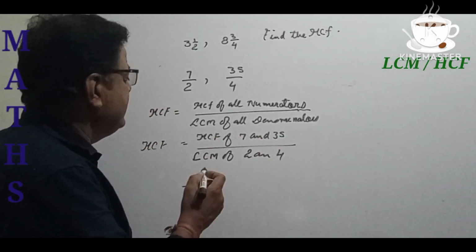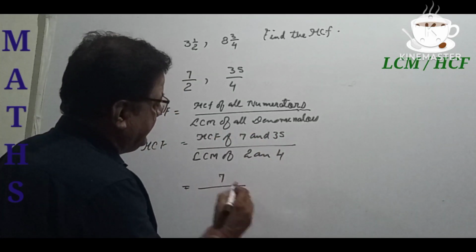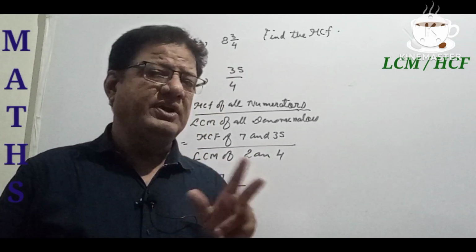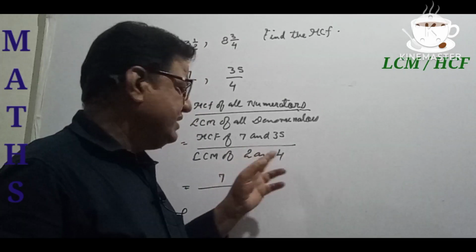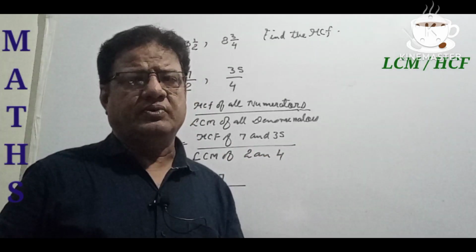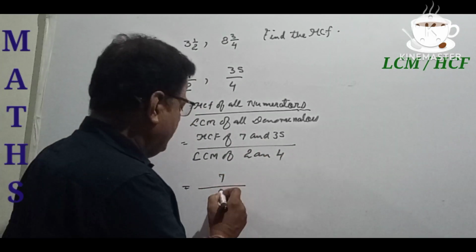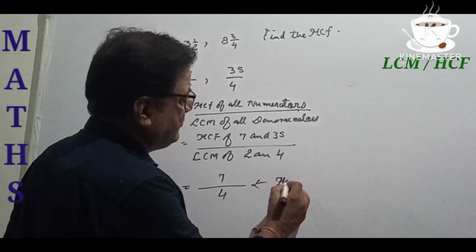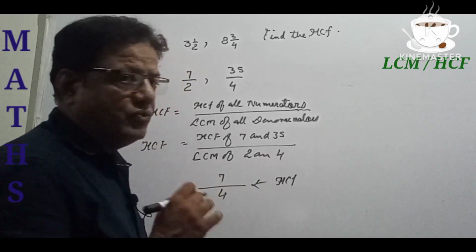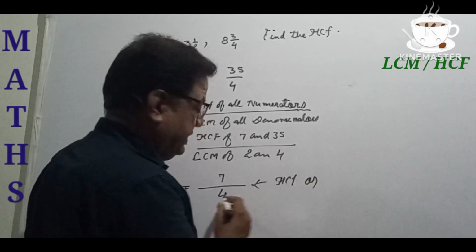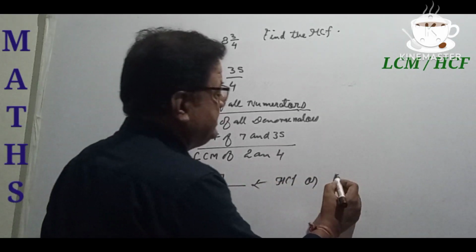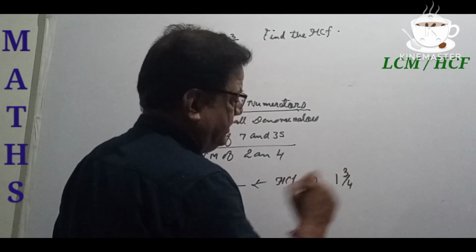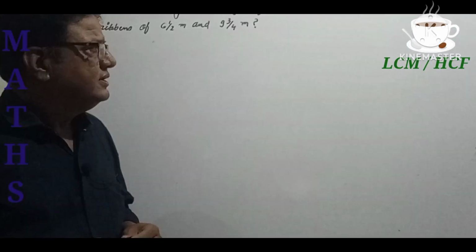So the SCF will be 7, and the LCM of 2 and 4 is very clear. The LCM of 2 and 4 is 4, because 2 can divide 4 and 2 can also divide itself. Then 4 is the LCM. In this way we find the SCF of the given numbers, 7 upon 4, or in simplest form, 4 3s are 12, 1 and 3 upon 4, 1 3/4.